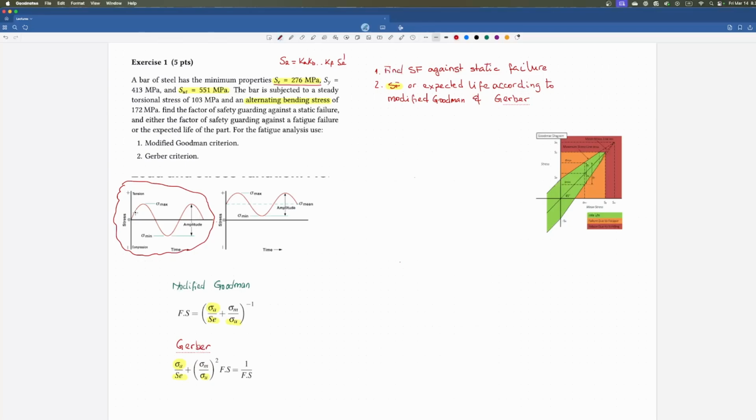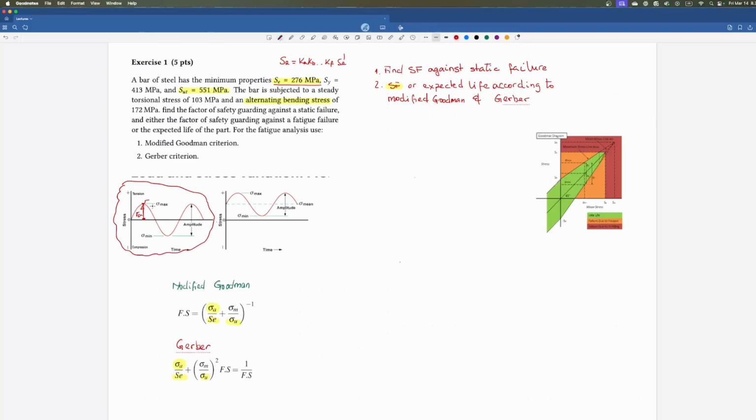Yeah, but that's not the only stress we have there. So if the bar were only subjected to alternating bending stress, this would be it, but it's not. So this part here is going to be the alternating stress, sigma A.